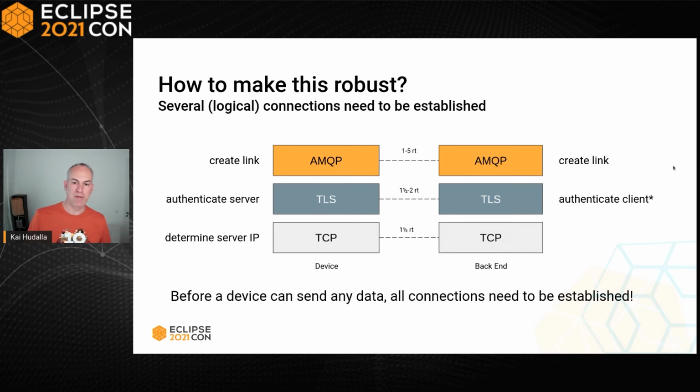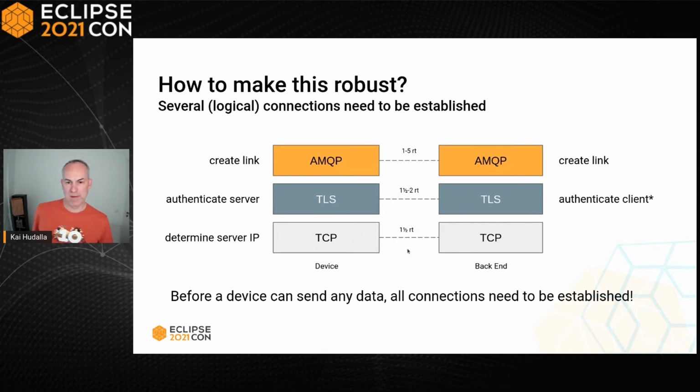So based on the networking architecture, what a device usually needs to do in order to talk to the backend is establish 3 layers of connectivity. One at the TCP layer, one at the TLS layer, and then one at the application layer. And that is what has been depicted here. And the RTs means round trips.